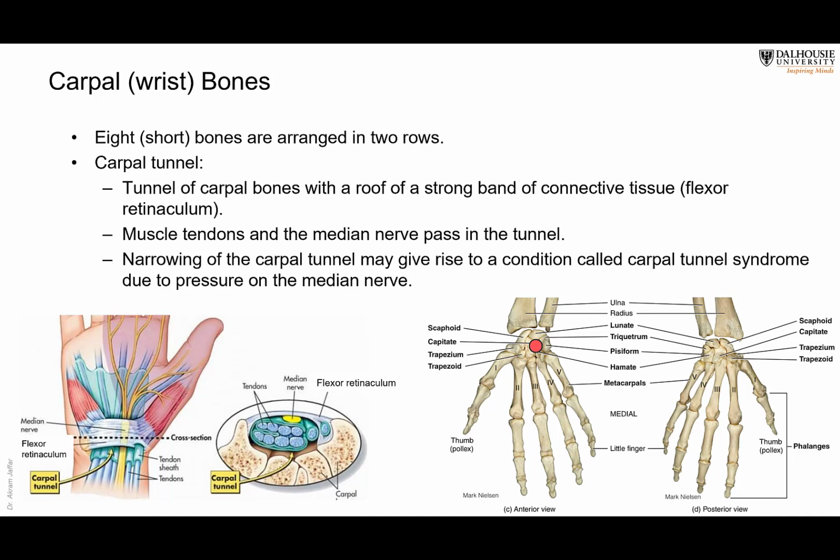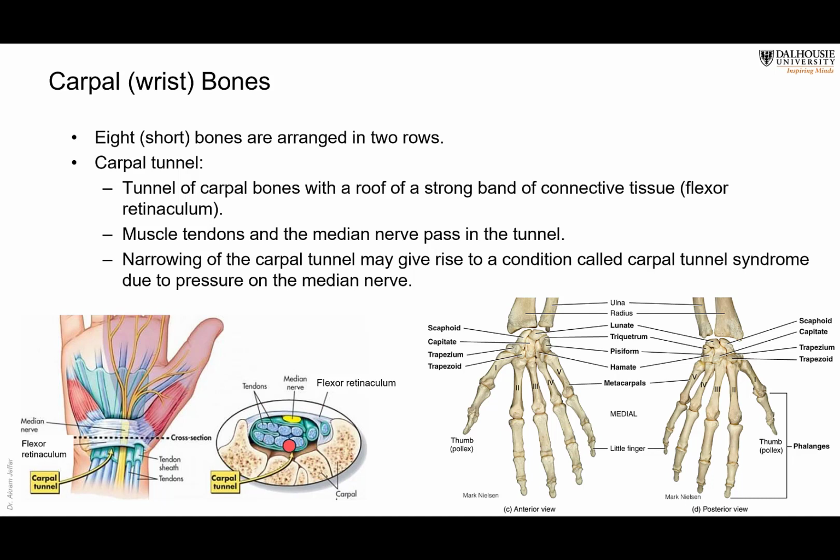When the bones articulate with each other, they form a bony groove, and this groove is bridged, or roofed, by a very thick connective tissue called the flexor retinaculum, because it's located on the flexor side of the wrist. So the groove of the bones and the fibrous tissue make a tunnel.